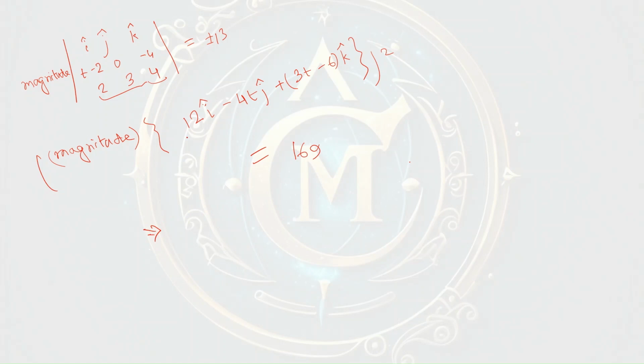So that means if we calculate the square of the magnitude of this vector, it will be 144 plus 16t square plus 9t square minus 36t plus 36. That will be equal to 169. That means 25t square minus 36t plus 11 will be equal to 0.